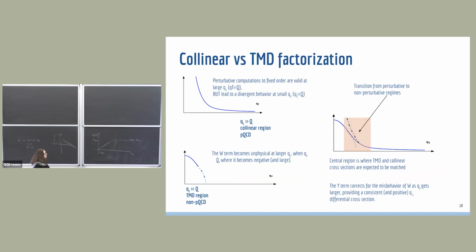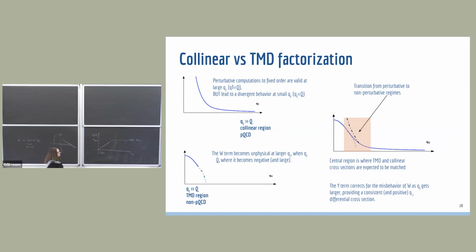You're going to match the W term, which is devised to describe well the cross-section at very small qT. Small qT, remember, means large bT, so it's in the region where your b star becomes flat. You've frozen it out.